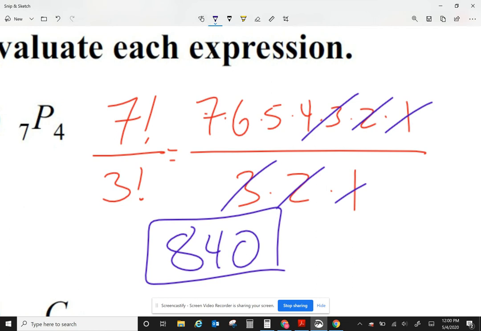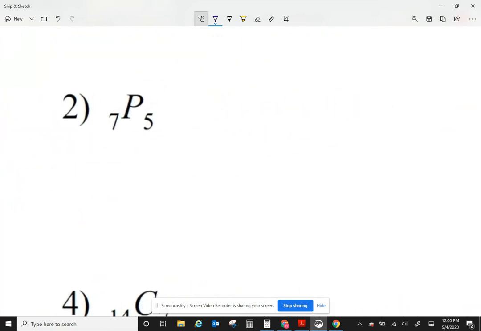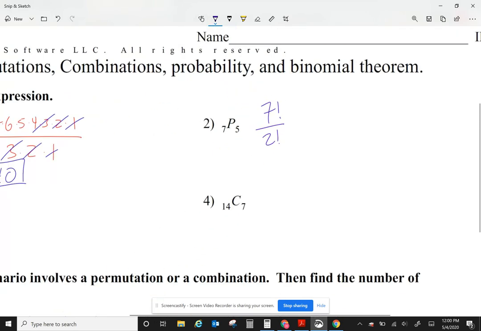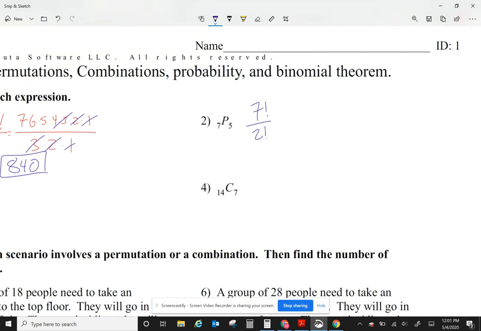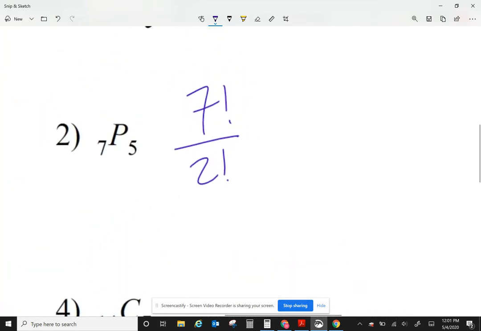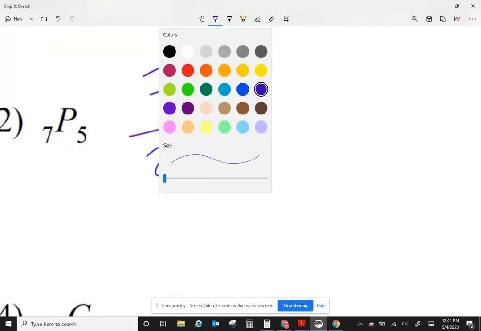Now, let's take a look at our question number 2. I'm going to do 7 factorial over 2 factorial. Remember, the 7 from the top is my first number. My 2 at the bottom, my 2 factorial, is because I subtracted 7 minus 5. All right, so what does this mean?